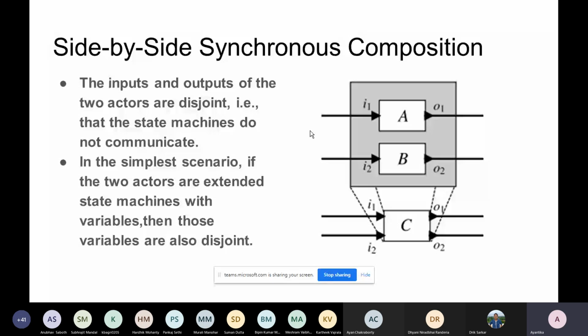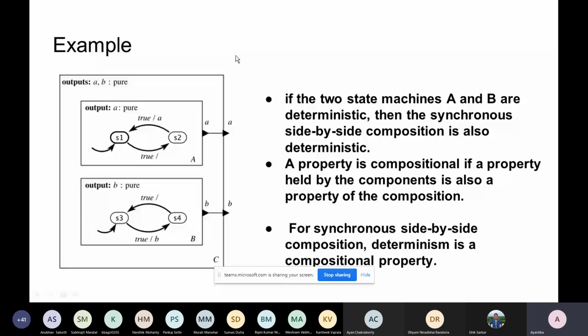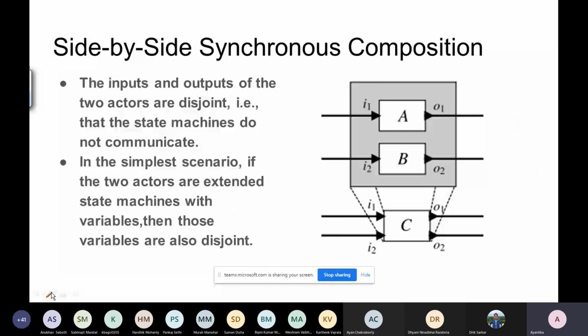One common composition, since we have already discussed concurrency, is side-by-side synchronous composition. That means here we are not thinking about communicating FSMs. These two FSMs may be communicating to each other, or they may be giving output to some third FSM.